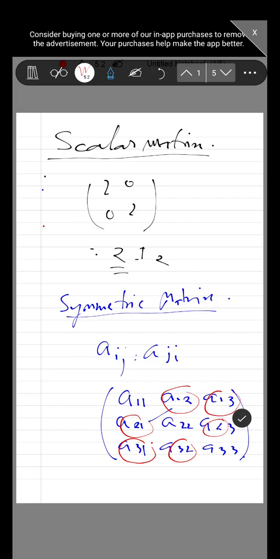So if that is the case, then we can simply replace these three elements by A12, A23 and A13. So this is what is a symmetric matrix.